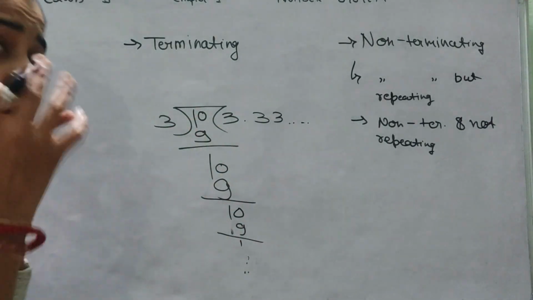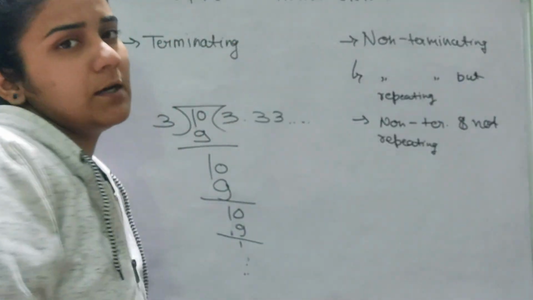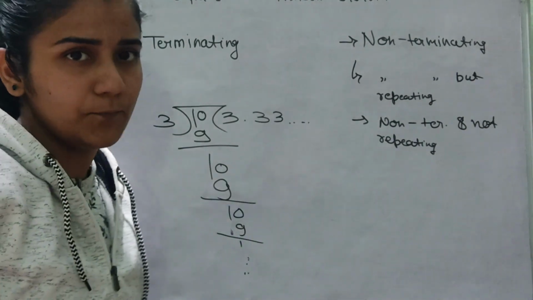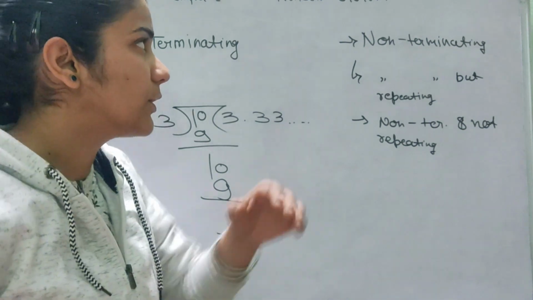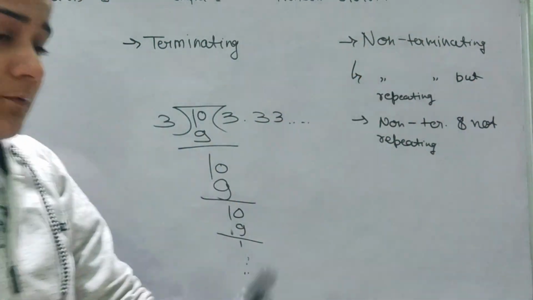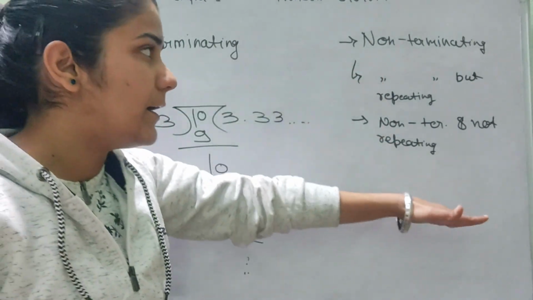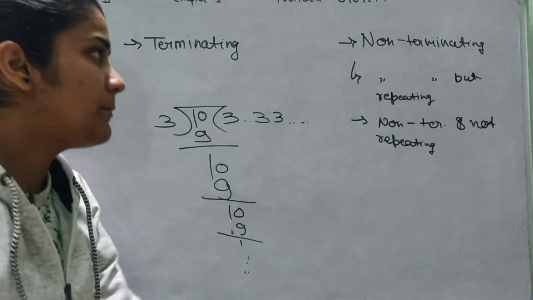So this is a non-terminating number. The basic definition of a non-terminating number is that it never ends with 0. Its further categories are non-terminating but repeating, and non-terminating and non-repeating. This falls in the first category, non-terminating but repeating.